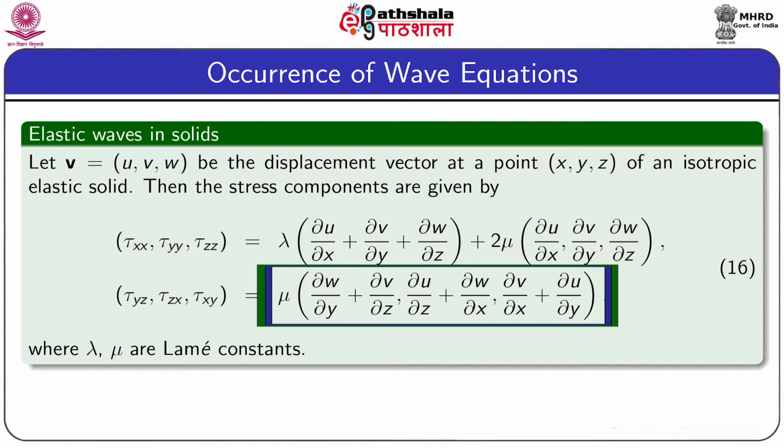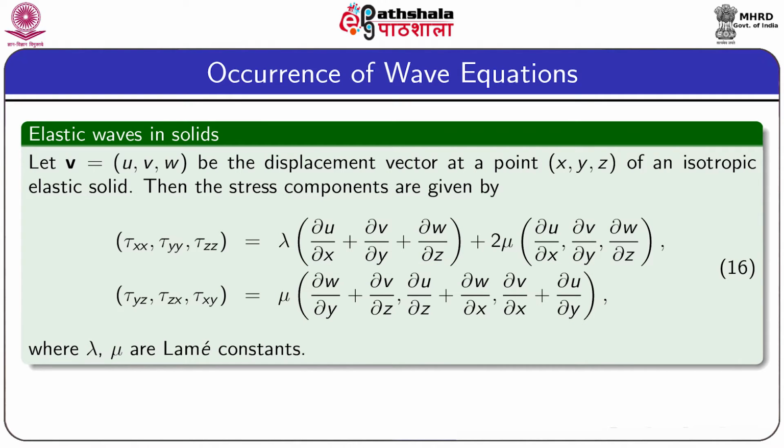So, the expressions for the tangential stresses are mu into (∂w/∂y plus ∂v/∂z), (∂u/∂z plus ∂w/∂x), and (∂v/∂x plus ∂u/∂y). Now, in equation 16, we can see two constants lambda and mu.